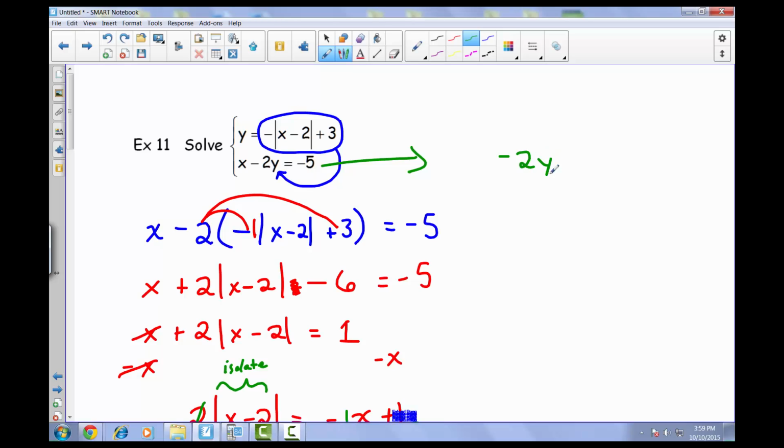So negative 2y is equal to negative x minus 5. And then divide both sides by negative 2. So then y is equal to negative 1 divided by negative 2 would be a regular 1 over 2 x. Negative 5 divided by negative 2 would give us a positive 5 over 2. So in terms of y equals mx plus b, that would be our function for the second one, for the line.